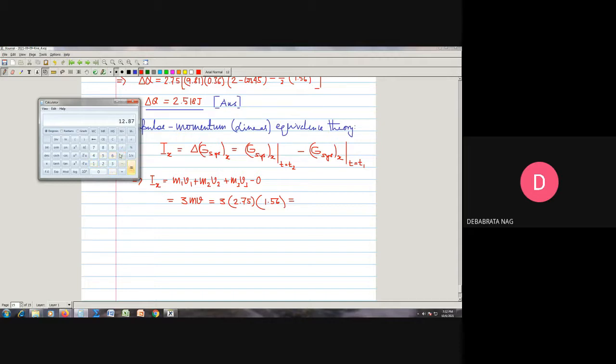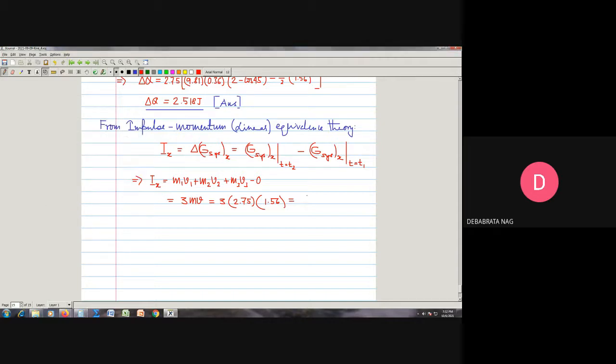That is going to be 12.87 kg meter per second, which equals Newton second, so 12.87 Newton second. They are all basically equal. So that is going to be my second answer for this problem.